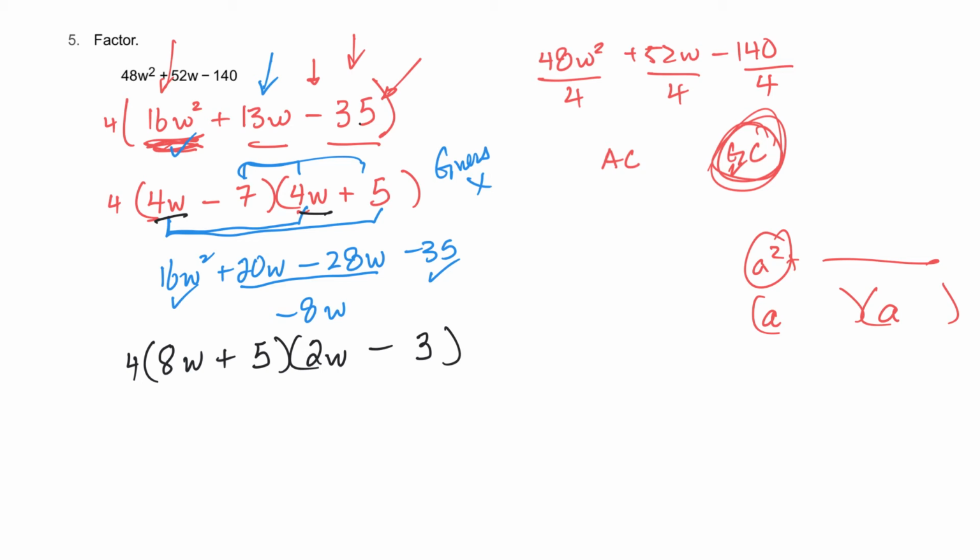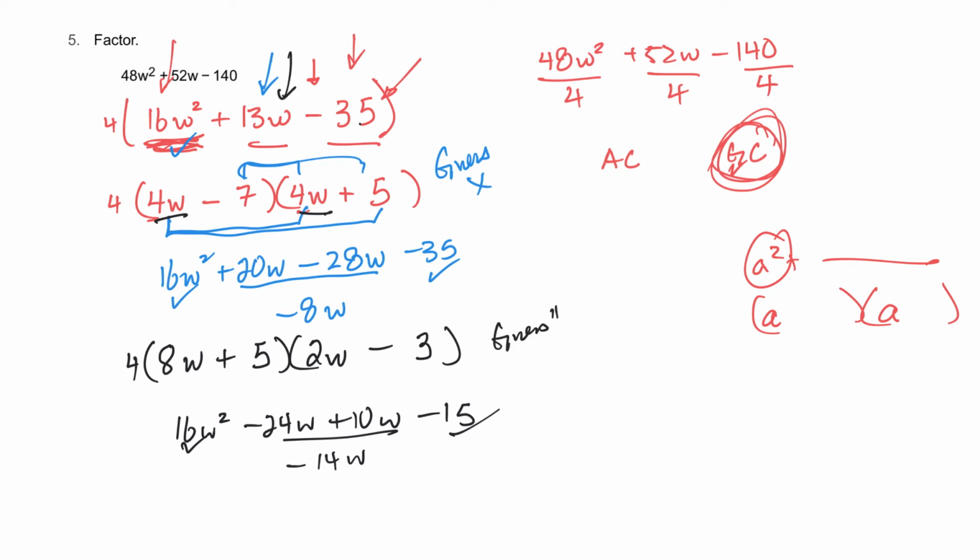So, 8w times 2w is 16w squared. 8 times negative 3 would be a negative 24w. 5 times 2 would be a 10w. 5 times a minus 3 is a minus 15. So if first and last are correct, this gives me a minus 14w. I'm supposed to get a 13w. Bzzzt. So, guess number 2, wrong.